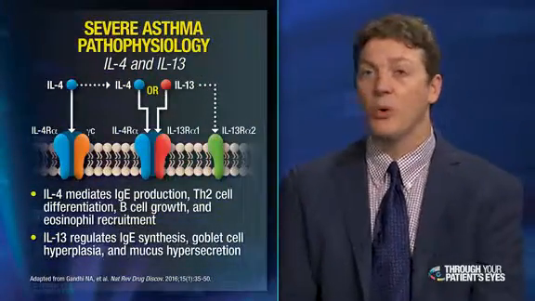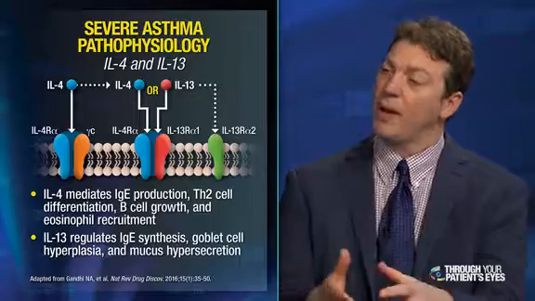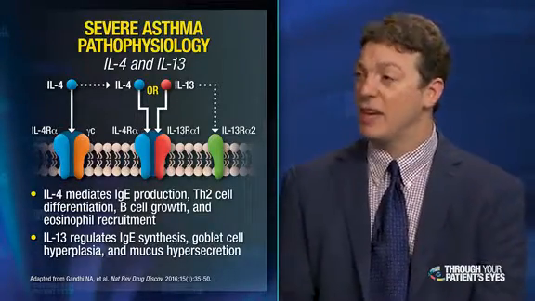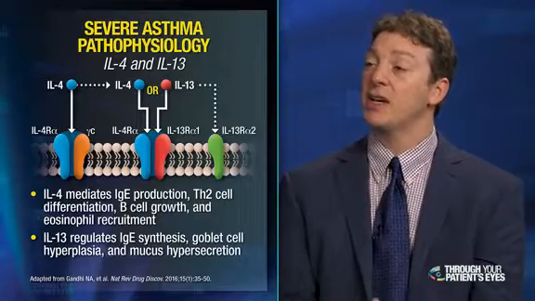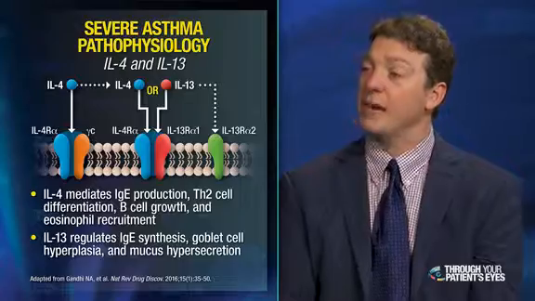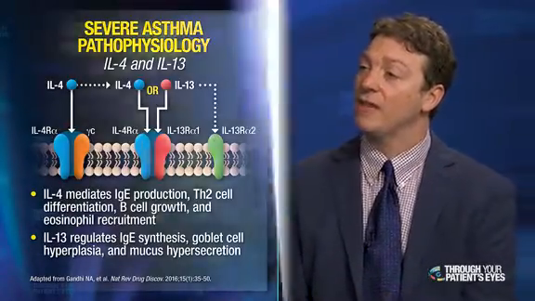Another cytokine that's important is interleukin 4. Interleukin 4 and interleukin 13 both bind to the IL-4 receptor and cause inflammation at the epithelial level, cause production of nitric oxide, for instance, all of which play important roles in the pathophysiology of asthma.